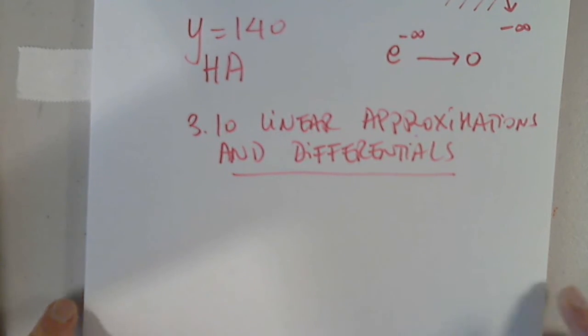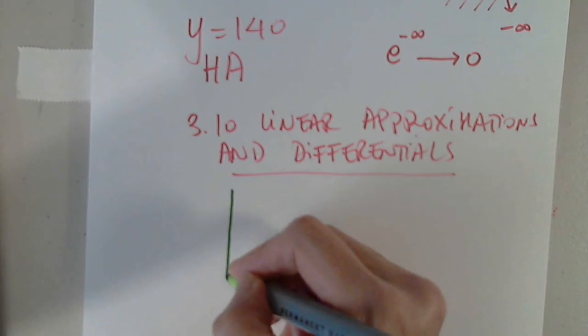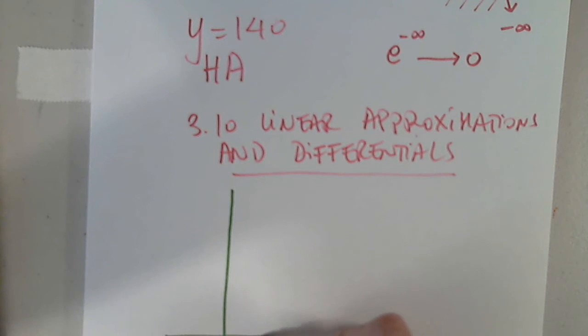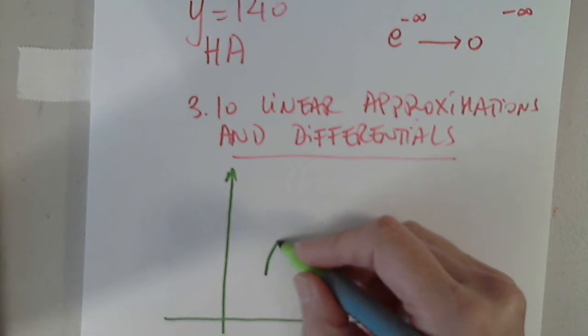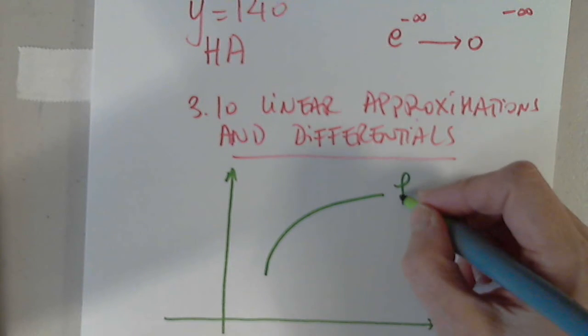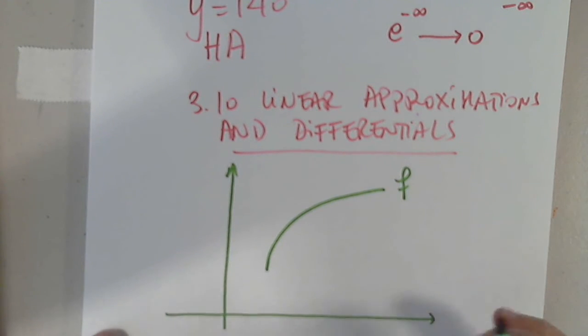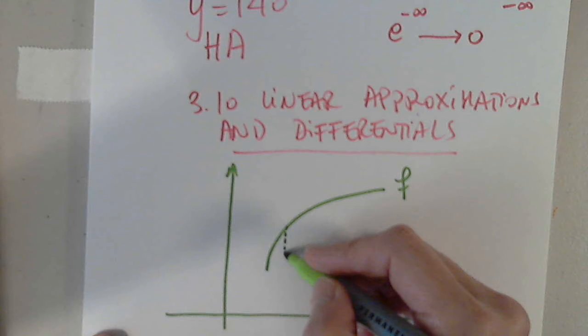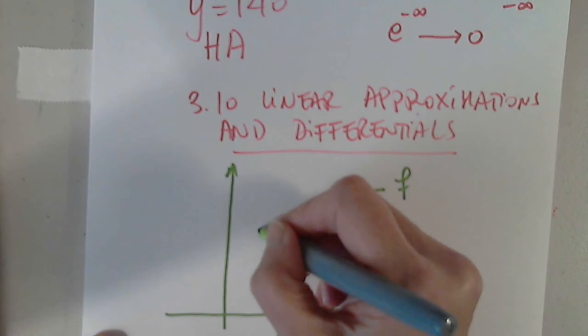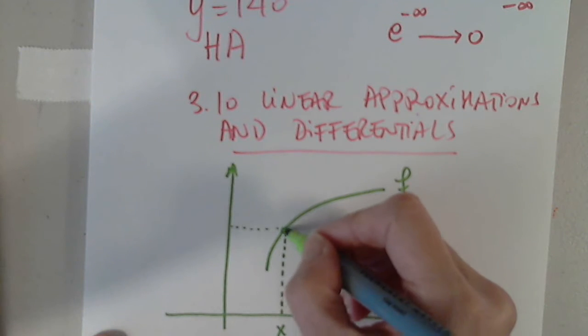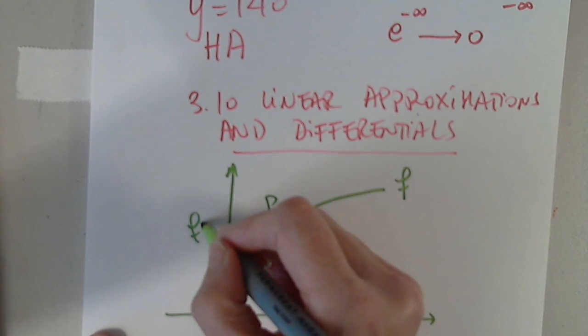Okay. So let's take a look at the following situation. Yes, back to that function. This is x. This is p. Of course, this is f of x.